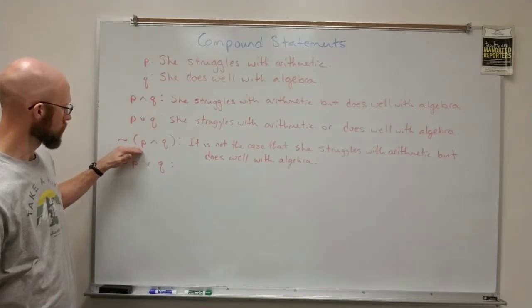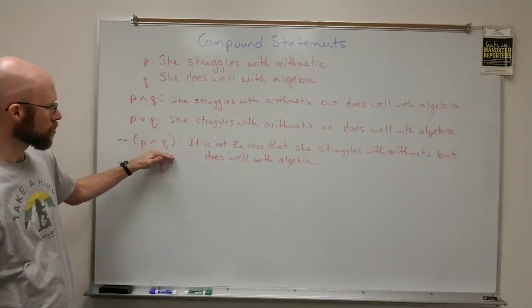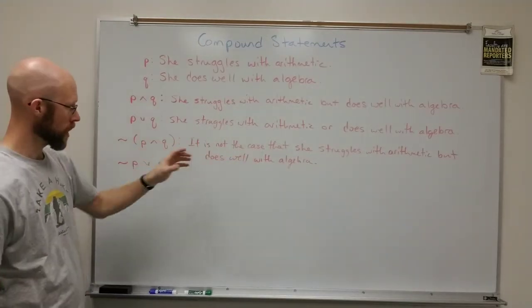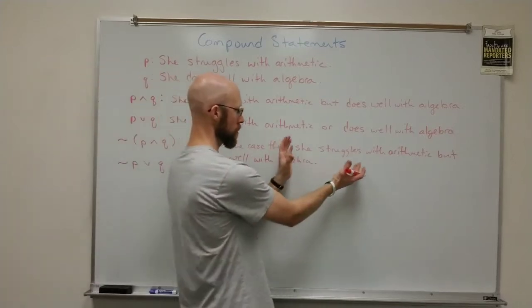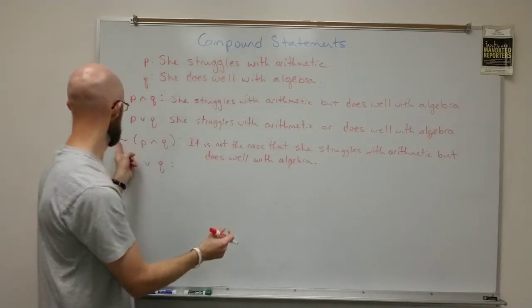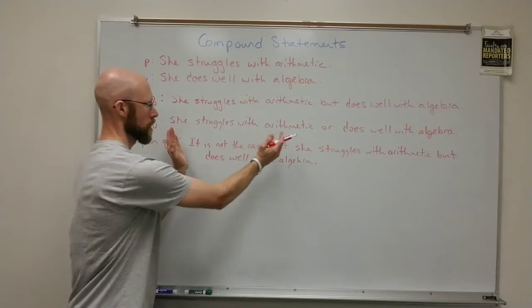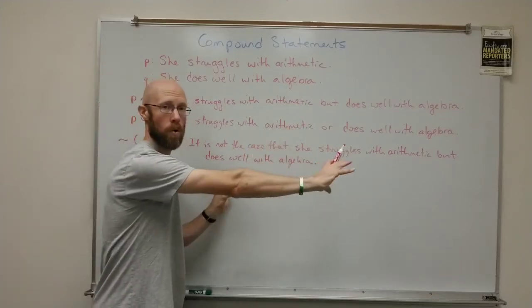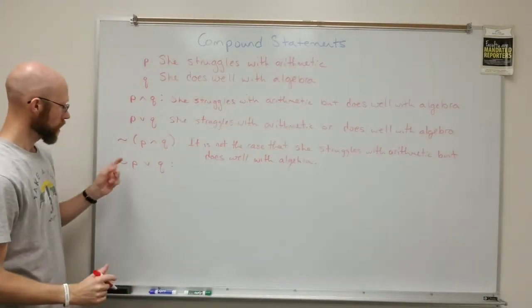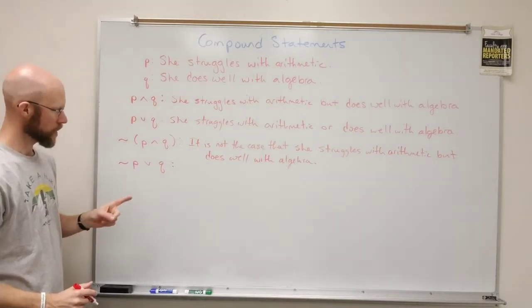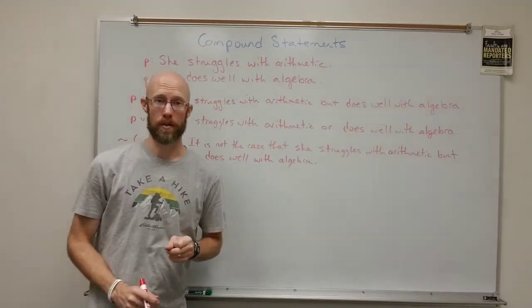So in the previous example, P and Q, or P but Q in this case, are grouped together, and the negation is applied to the whole rest of the statement. Here, the negation is only applied to the P part of the statement, okay?